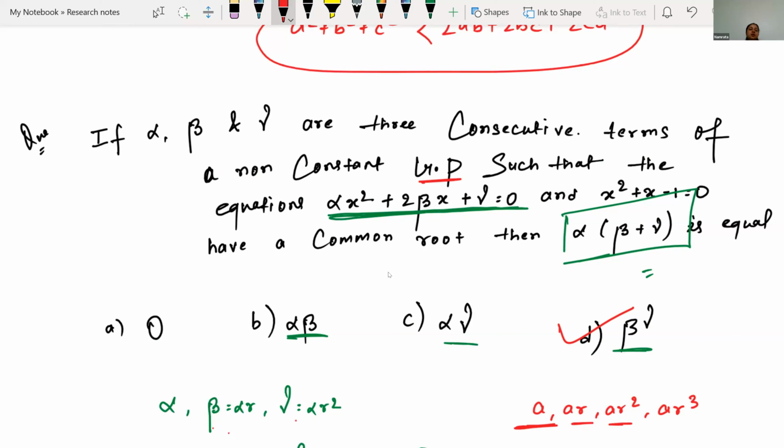It looks like this only. So we have taken the first root as alpha, the second root beta became alpha into r, and gamma became alpha r square. Now we had two equations, alpha x square plus 2 beta x plus gamma equals 0, and x square plus x minus 1 equals 0, and these two equations have a common root.